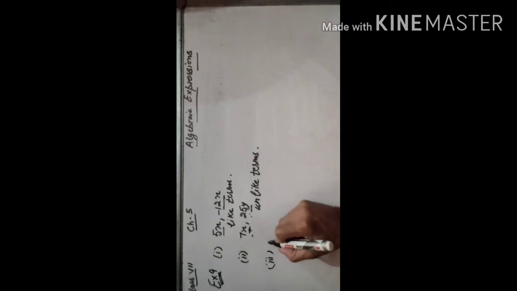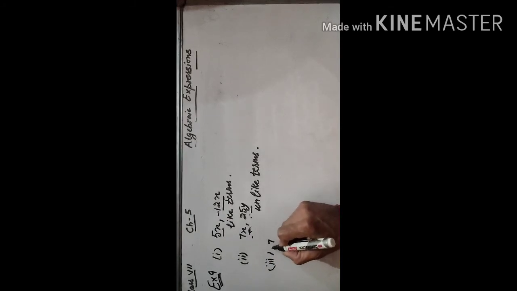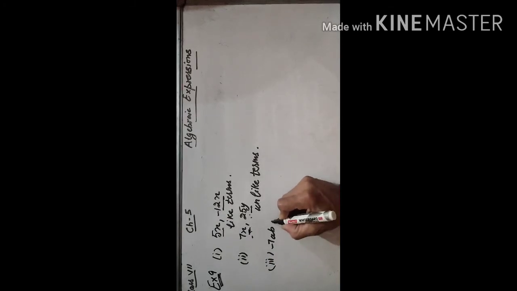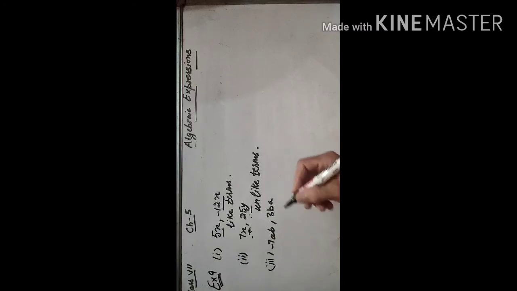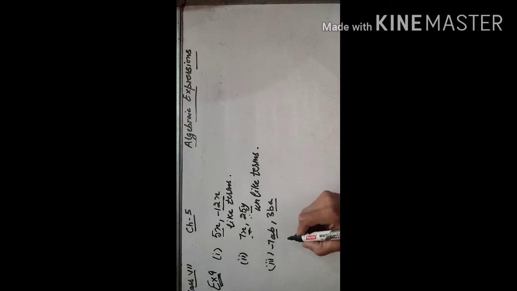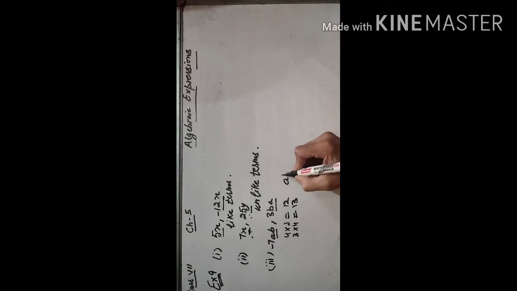Third is 7ab and minus 7ba. Now ab and ba are one and the same thing, like 4 into 3 is equal to 12 and 3 into 4 is also 12. So ab is equal to ba, one and the same thing. So these are like terms.